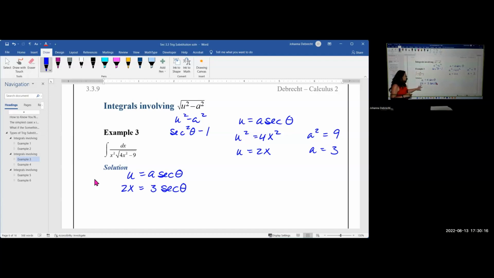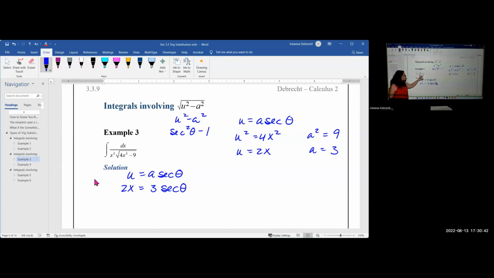So you see now that u is not just x, it's a function involving x, right? Now what do I need to do? I need to rebuild the 4x squared minus 9 and switch it from being in terms of x to being in terms of theta. And then I need to switch the differential from dx to d theta. And then I'll have to substitute out this x squared. Okay, so how do I do that? One piece at a time.